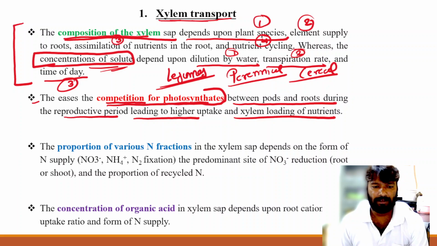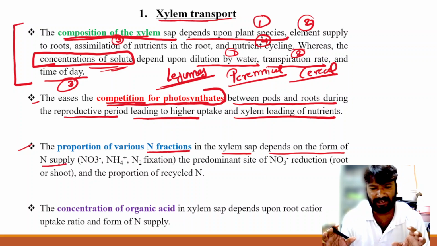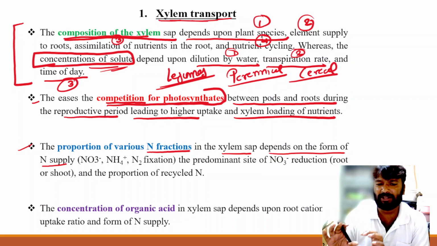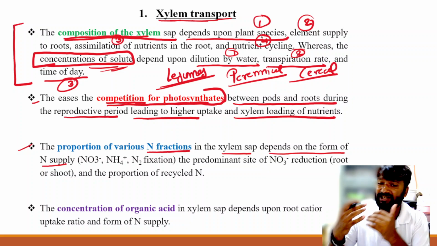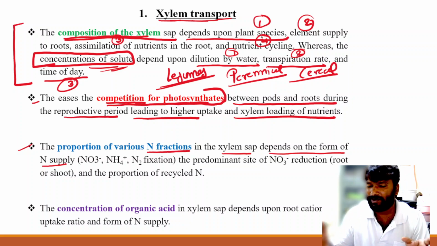Okay, next, the proportion of various nitrogen fractions in the xylem sap also depends on the form of nitrogen supply. Okay, you know that nitrogen is an important nutrient for the plant growth and development, and the concentration of the nitrogen fraction in the xylem sap depends upon the form of nitrogen supply.